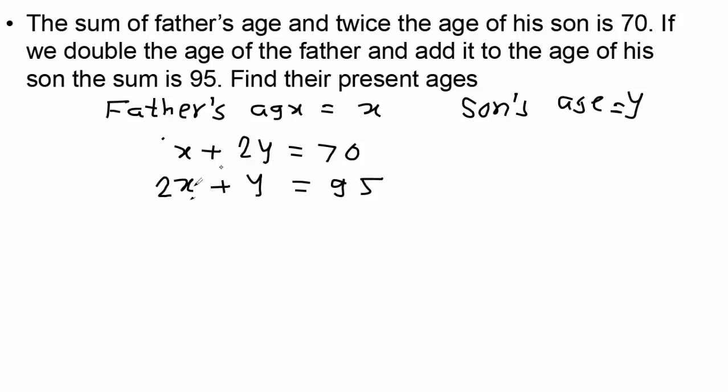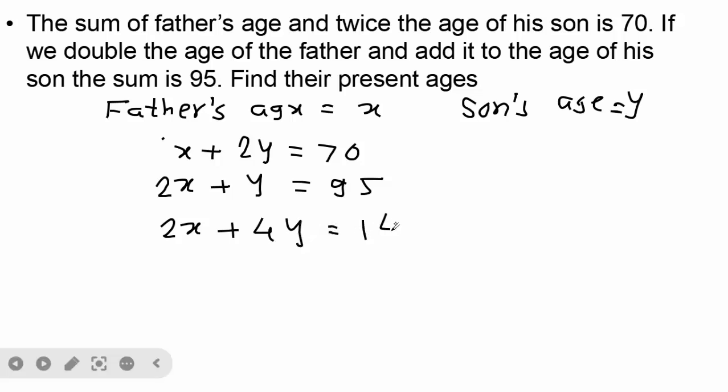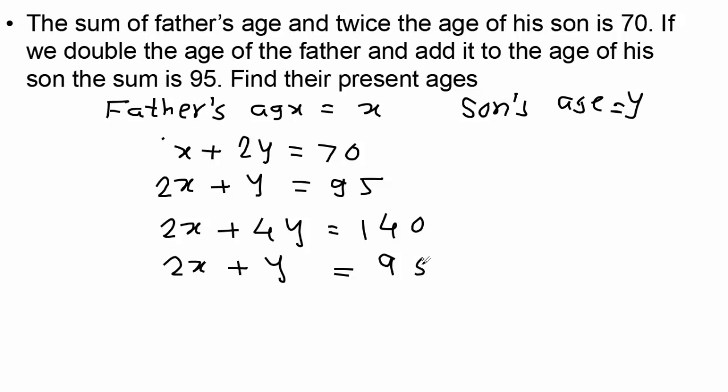We have to solve these two. X plus 2y equal to 70, 2x plus y equal to 95. I shall multiply this equation by 2. Therefore 2x plus 4y equal to 140. And the second equation is 2x plus y equal to 95.